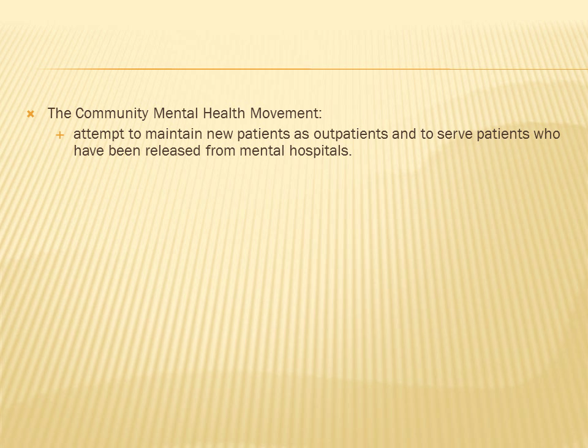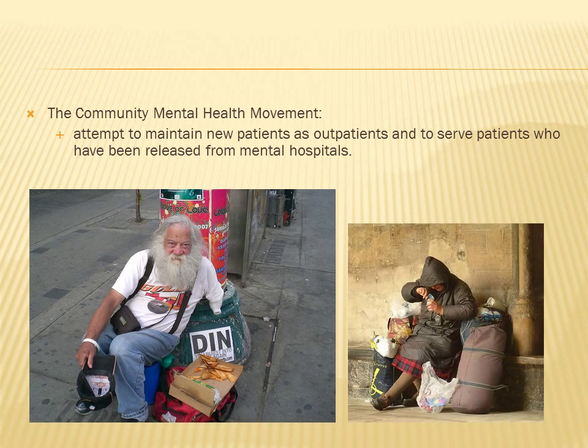And that became the community mental health movement, which was basically, as we say here, an attempt to maintain new patients as outpatients and serve patients who have been released from mental hospitals on an outpatient basis. And the services were supposed to be comprehensive, but they were comprehensive mental health at the best. At the worst, they were not even comprehensive mental health.